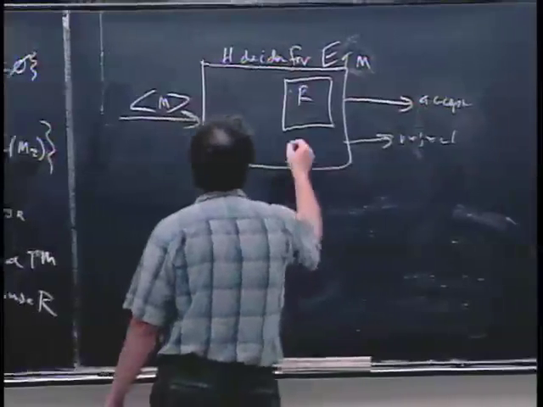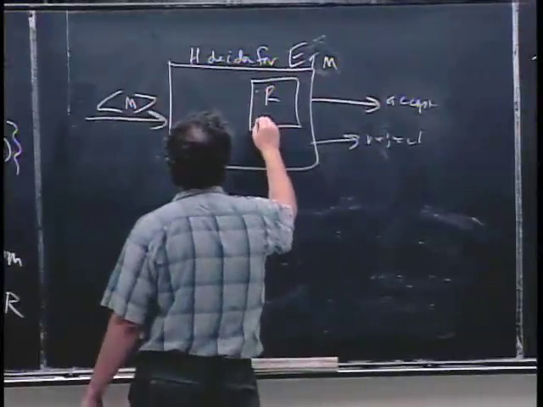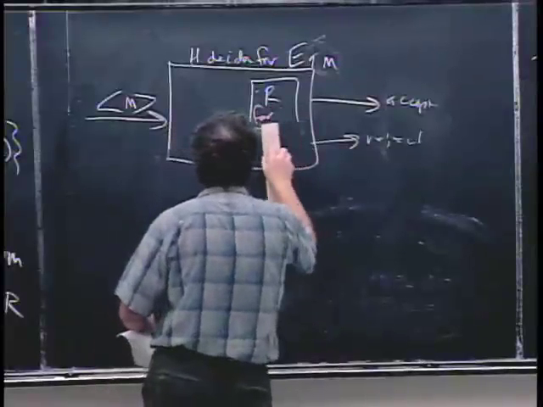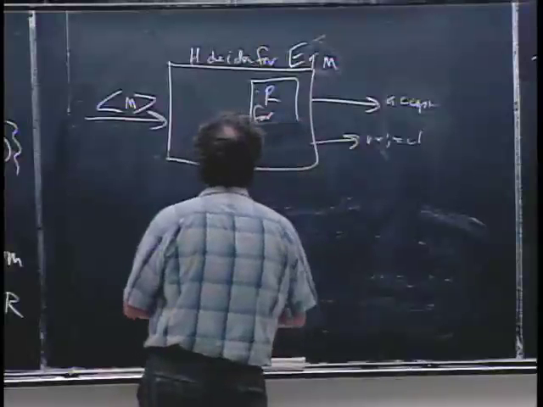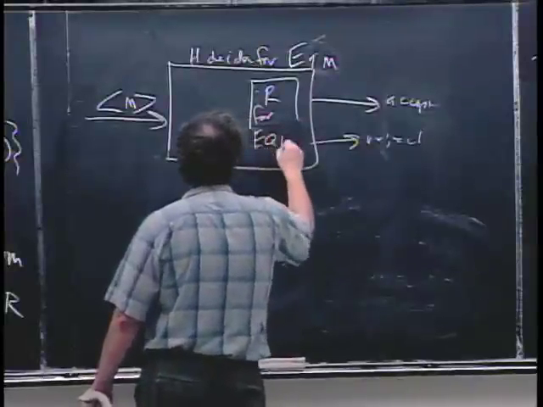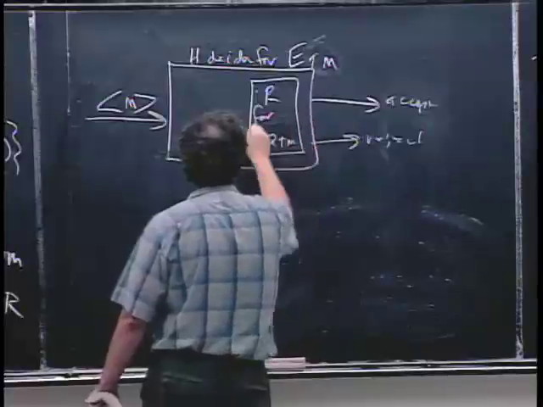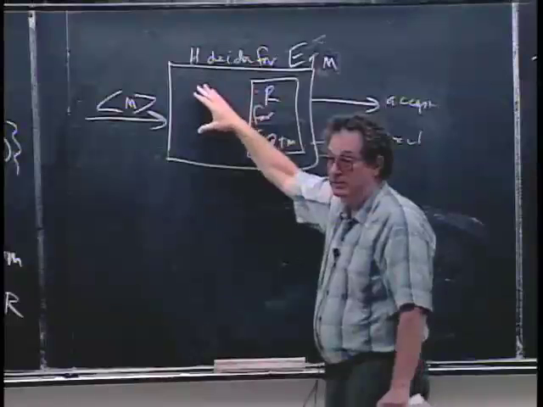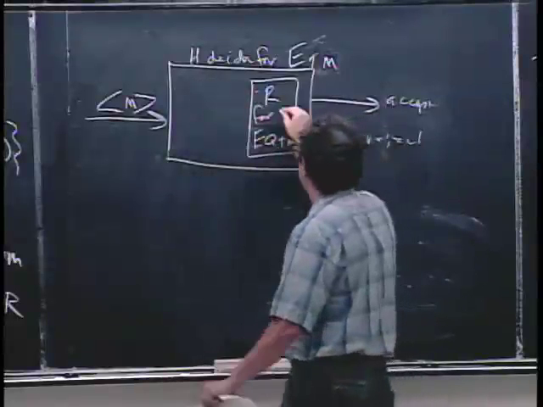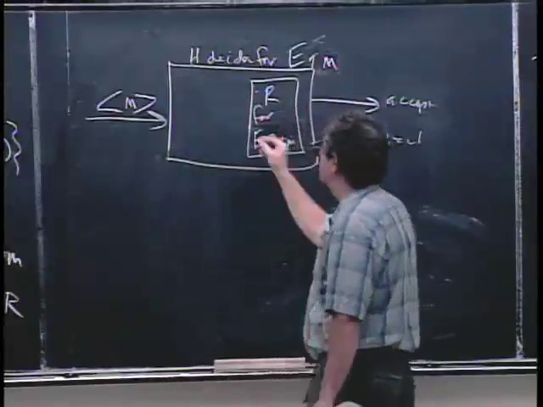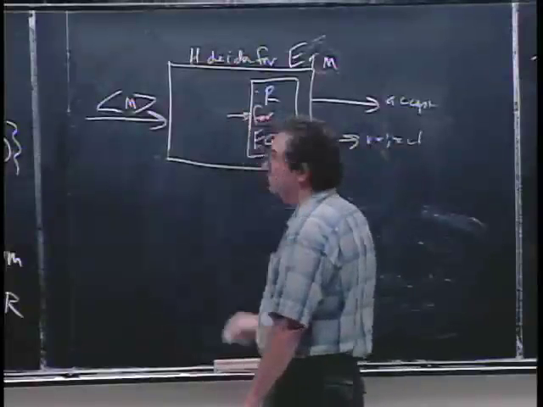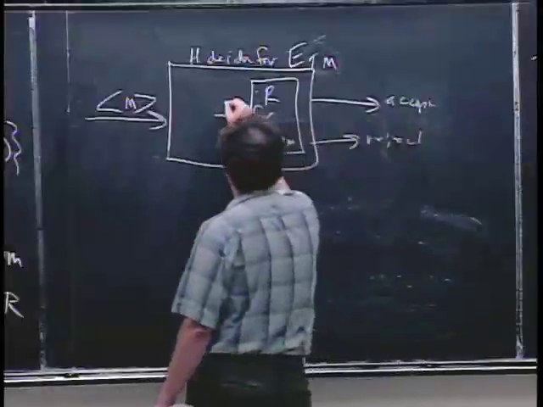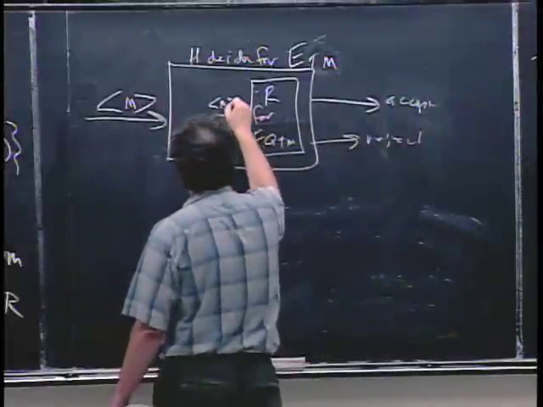EQTM. So what we have to figure out is what H is doing inside here to be able to feed something in to R. And what does R get as its input? It gets descriptions of two machines, an M1 and an M2.